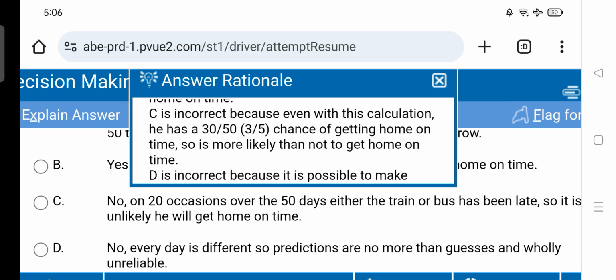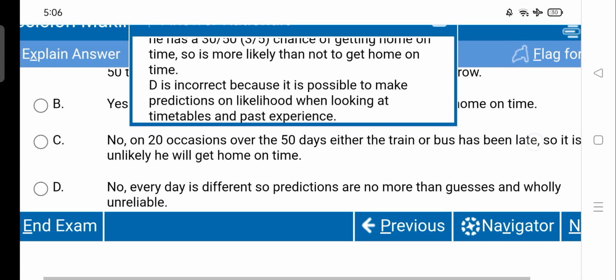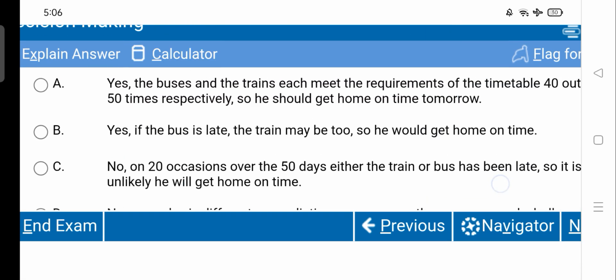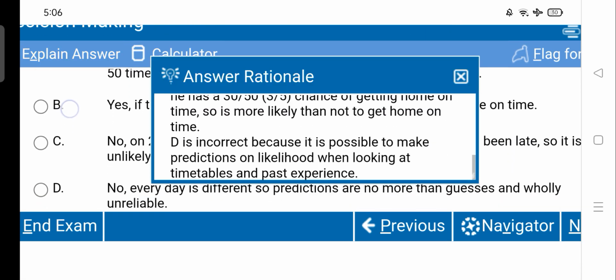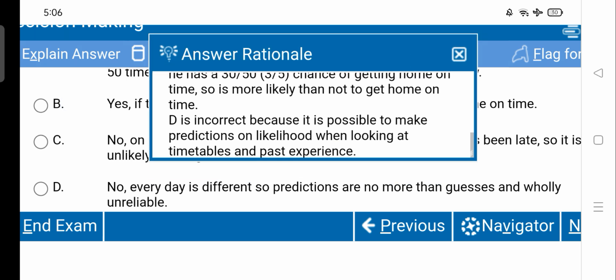So he is more likely than not to get home on time. Option D is incorrect because it is possible to make predictions on likelihood by looking at timetables and past experience.